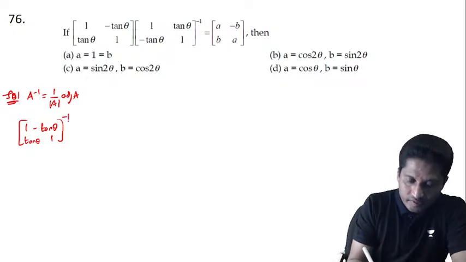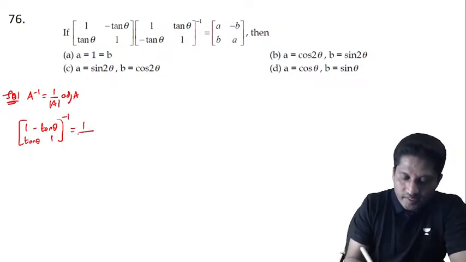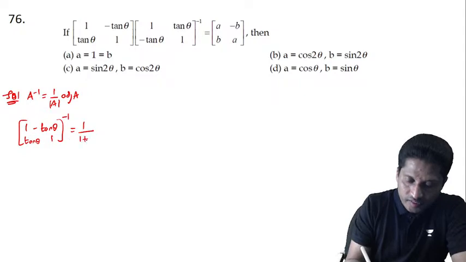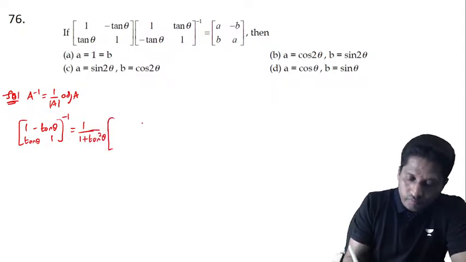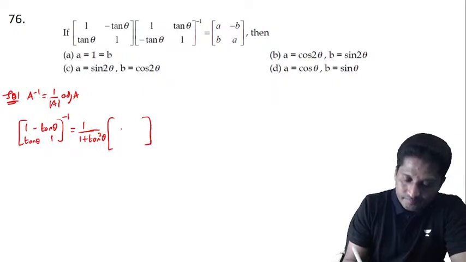If you want to find the inverse of this, 1 by determinant of this is equal to 1 plus tan square into adjoint. Interchange the diagonal elements and change the sign of other elements. So this is minus tan will become plus tan, plus tan will become minus tan.